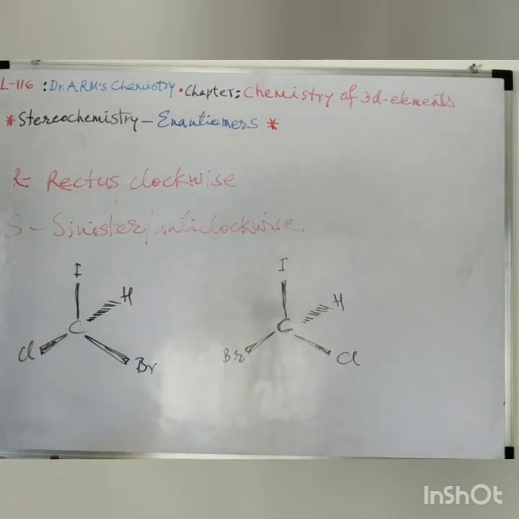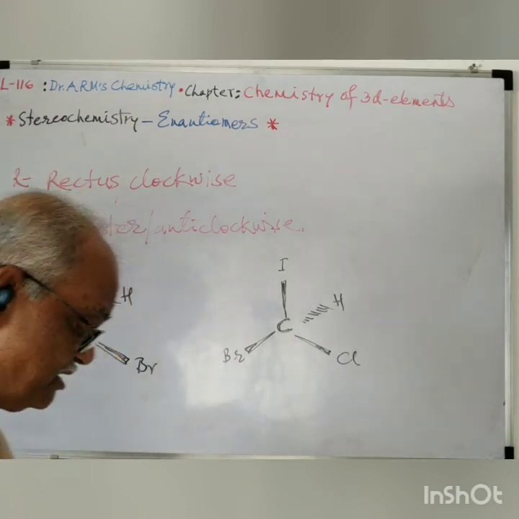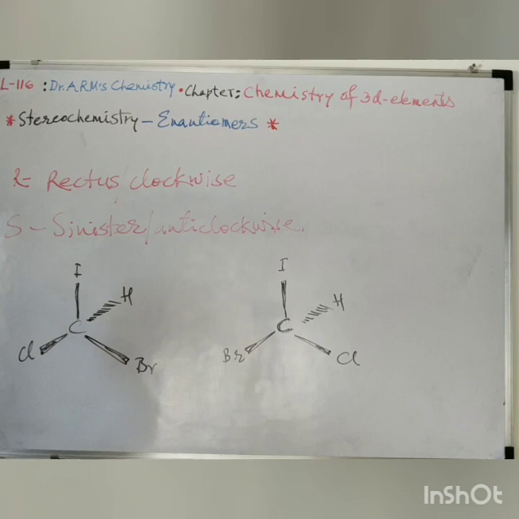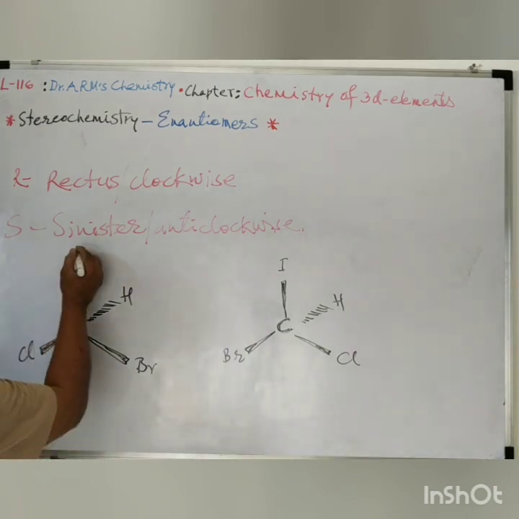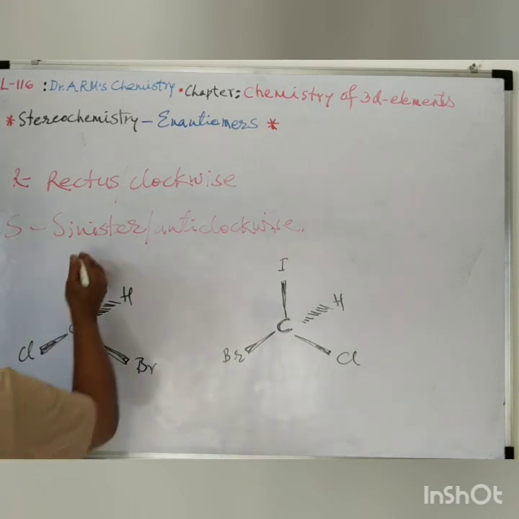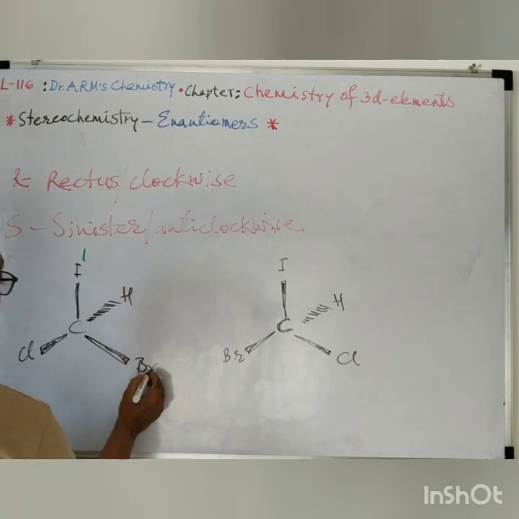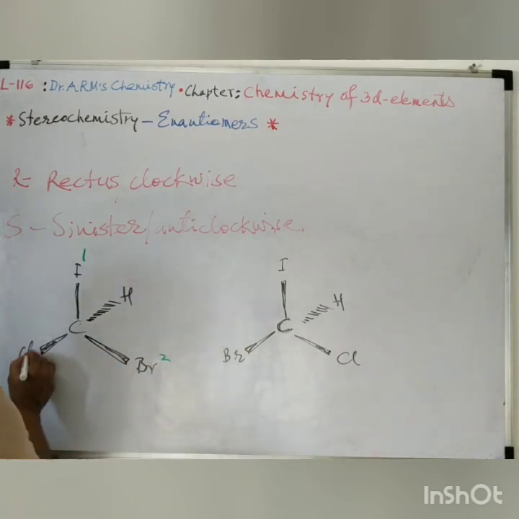Now, if we see this carbon-hydrogen axis is considered as the starting point. So, the priority is given like this. This iodine has highest priority, so this is labeled as 1. Next to this is bromine, which has second priority, and chlorine has third priority.